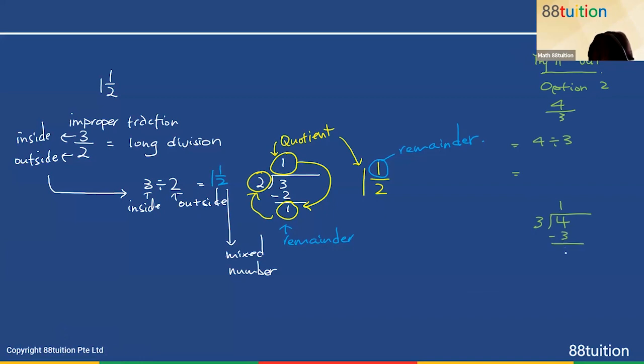Quotient, remainder. Circle, circle, circle, like a water cycle. So it's 1 whole, 1 over 3. Quotient, remainder, 1 out of 3. Okay? Maybe I don't put the option 2, I say try it out.